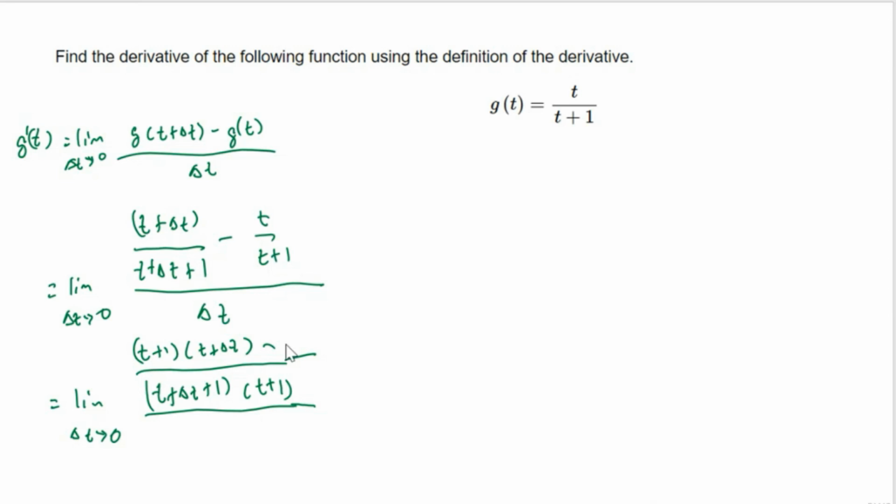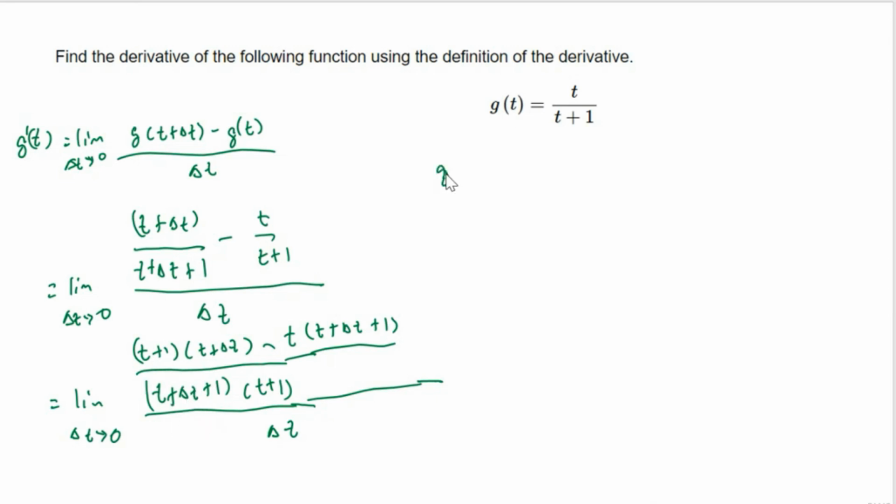The quotient now is t plus delta t plus 1, times the numerator. So I can write now t times t plus delta t plus 1, all over delta t. Now simplifying the numerator, let us use first the distributive property, or the FOIL method.